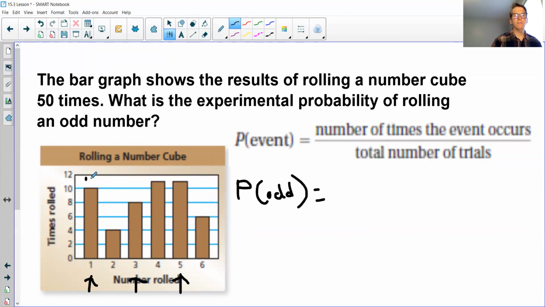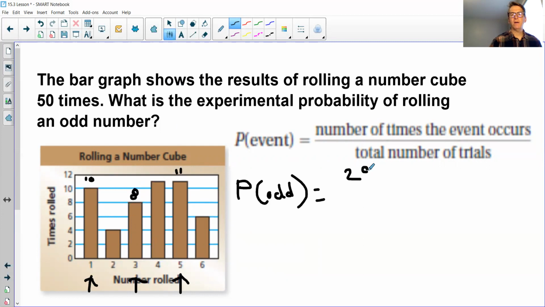We have 10 here, 11 here, and this is 8. I'm sorry, I missed that one. Hold on, back up. So 10 plus 8 plus 11 is 29 times.